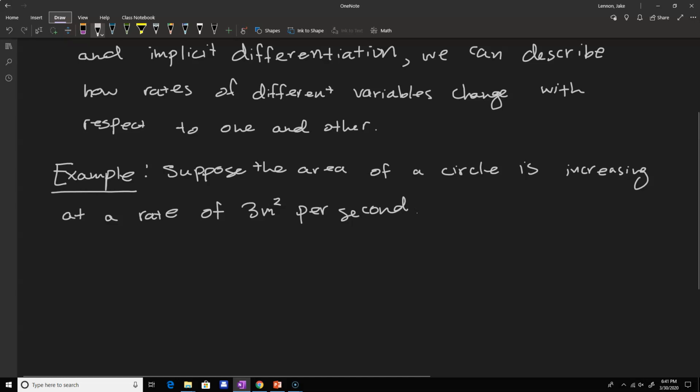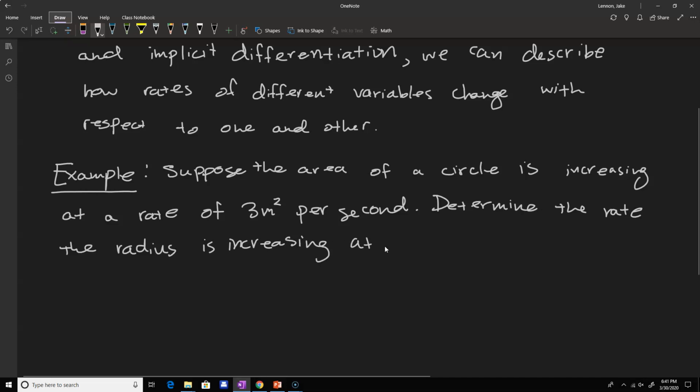Determine the rate the radius is increasing at the moment r is equal to 1.25 meters.